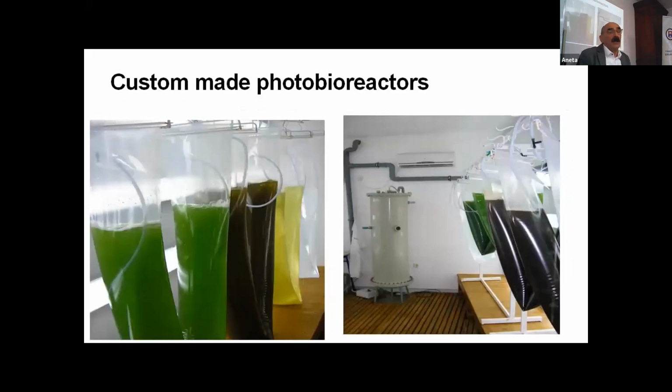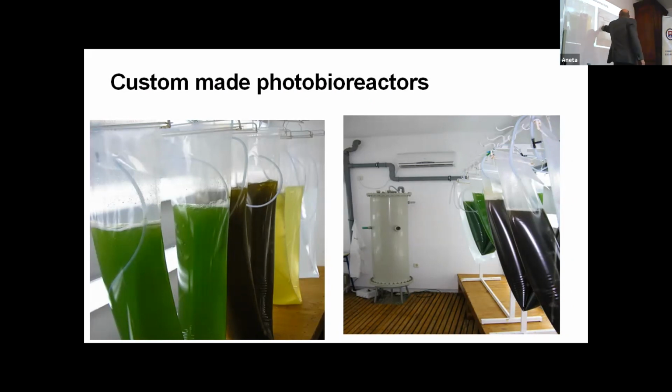And now I want to show you a shellfish hatchery where we used plastic bags with air, so oxygen and CO2 supply, and we designed our own bioreactor. You can see it here.